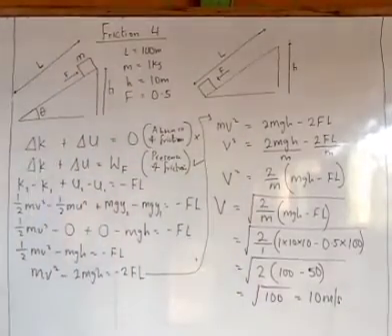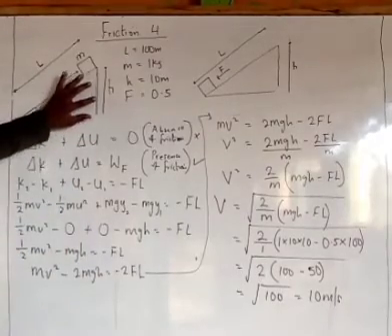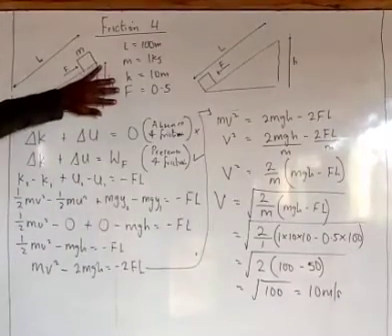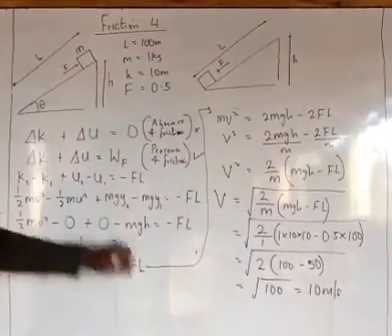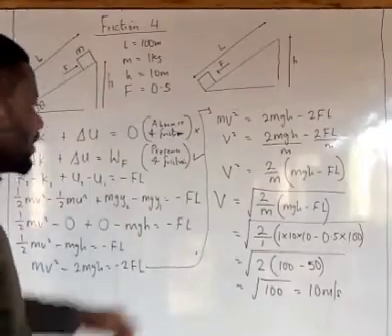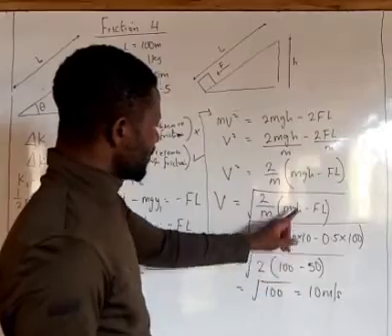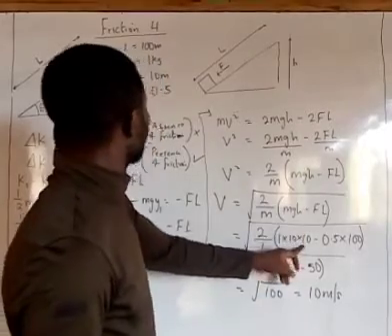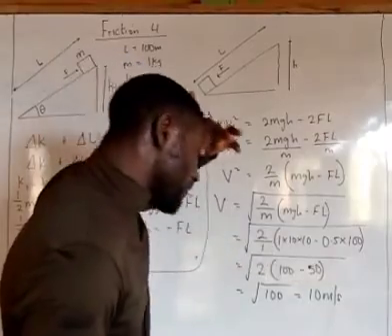So in this video, what we are just trying to do is to take note of any frictional question that comes in this way. The body is released and the final velocity is given by this formula. Let us just take a look again. What is mass? 1, correct. Mass is 1, g is 10, h is 10 according to what is given here, and my frictional force is 0.5.